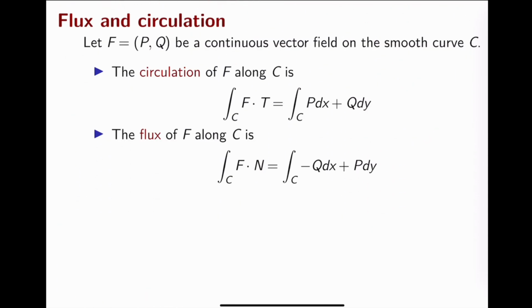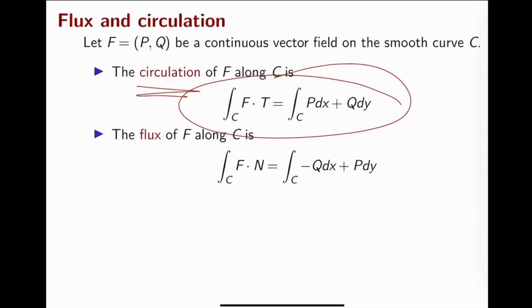And finally, some applications and names that come mostly from physics. It's called circulation of the vector field along a curve, what we just calculated. Just the line integral of the vector field is what is called the circulation. And we can write it also with this alternative notation, just P dx plus Q dy, as we have seen before.